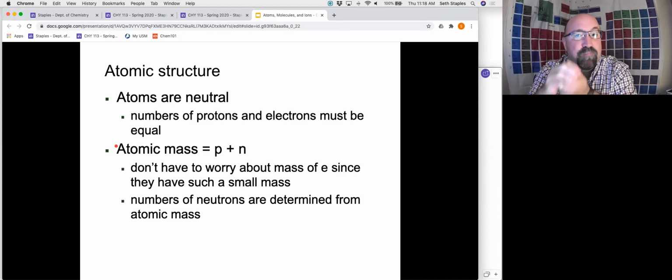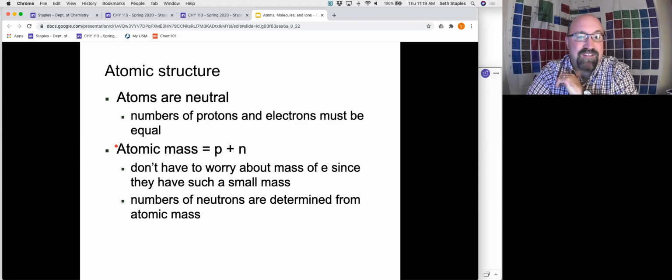The numbers of protons will equal the number of electrons, and we'll see how to determine those numbers in just a minute. But this is important to note for us, that atoms by themselves are neutral with an equal number of protons and electrons. Later on, when we start to discuss ions, we'll see cases where that is not the case, where we have a differing number of those. But for now, we're going to say that we've got an equal number of protons and electrons in the atom.